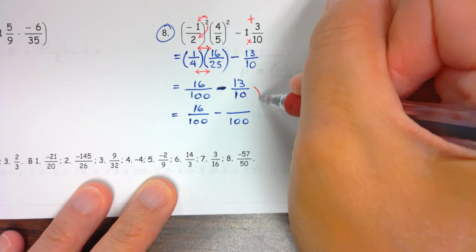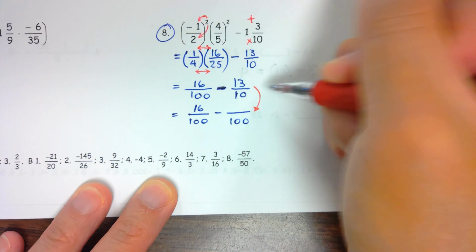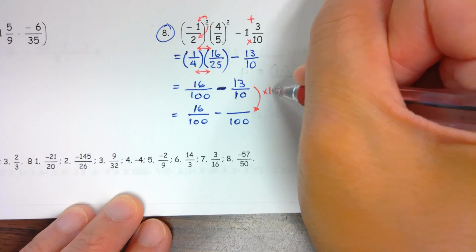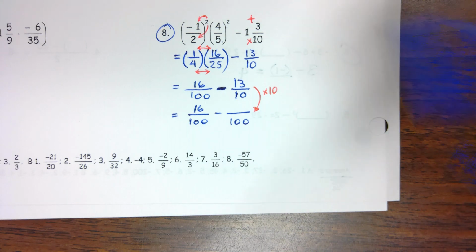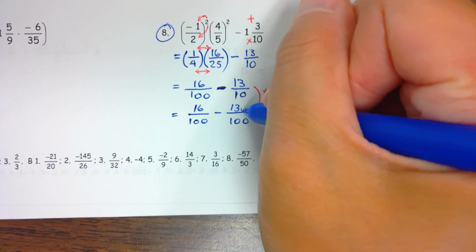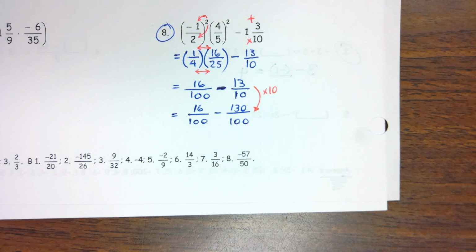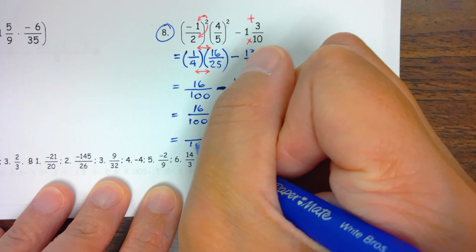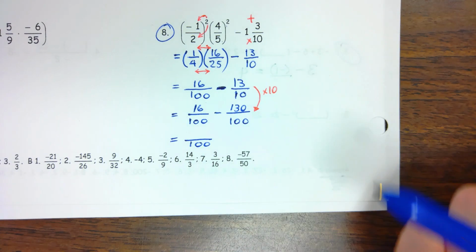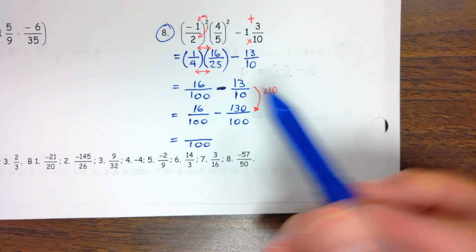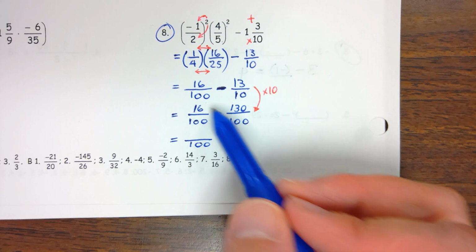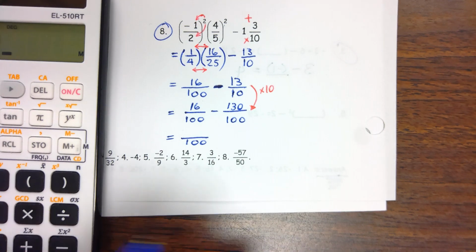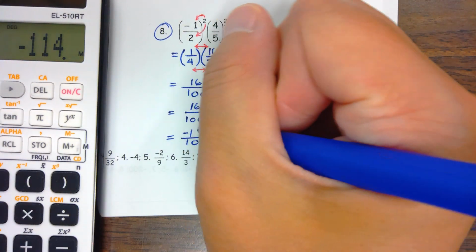Okay. To get from here to here, what do I have to do? Dean? Multiply by 10. Yeah, times the top by 10, times the bottom by 10. So I get 130. Okay. Now that I have the lowest common denominator, I can just subtract the top. So 16 minus 130, I get negative 114.